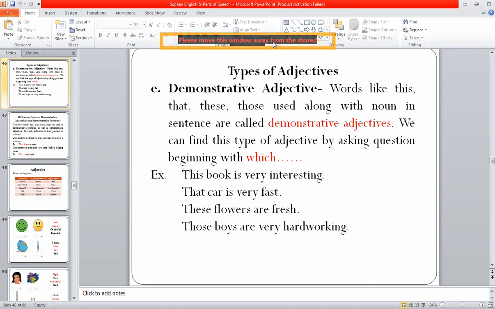So in total we have a one hour lecture, and only 8 minutes are left. So what we'll do, we will first mark your attendance, and in the second session, that is the 20-minute session, I will continue this adjective and its types. Let me first mark your attendance.